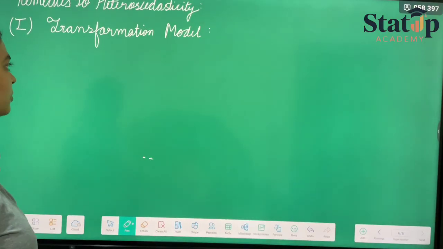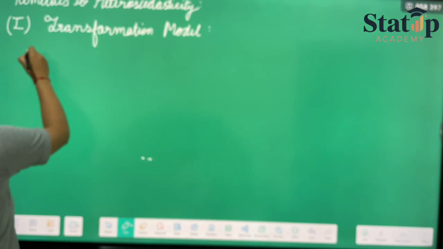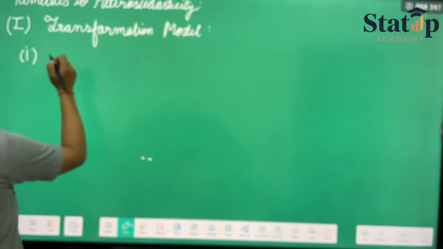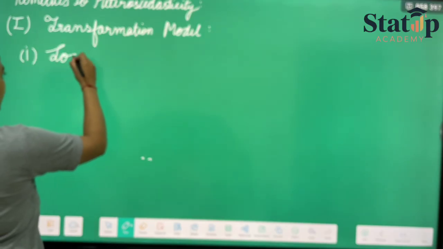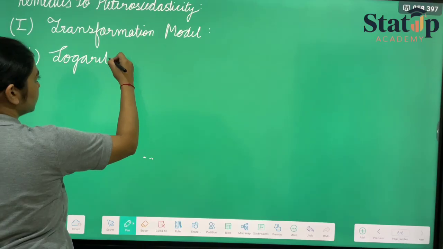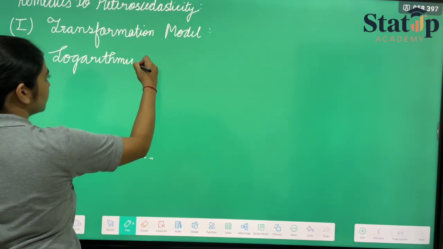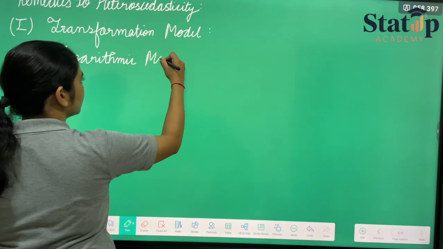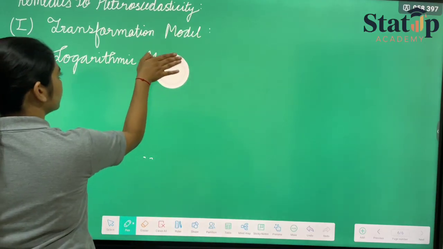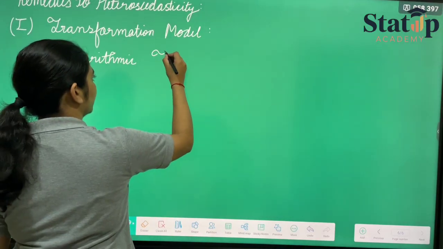What is transformation model? Transformation model has sub-classification: logarithmic transformation model.